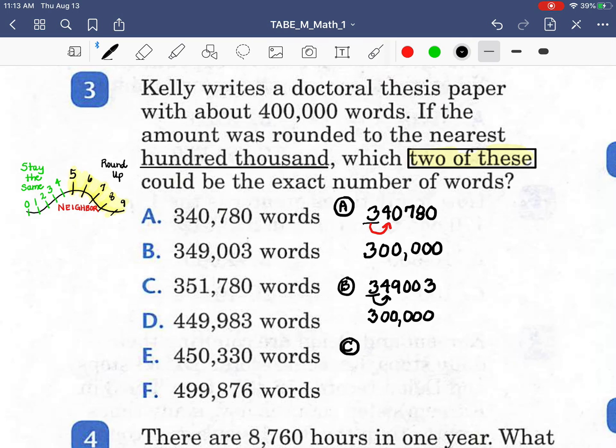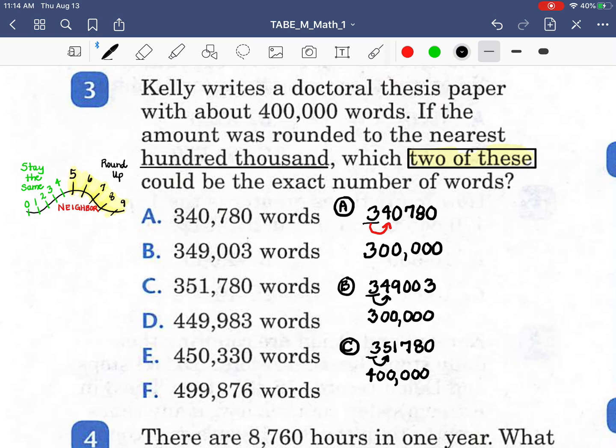C, I have 351,780. Look at the neighbor, and the neighbor says round up. So this will become a 4, and then these round off. 400,000.